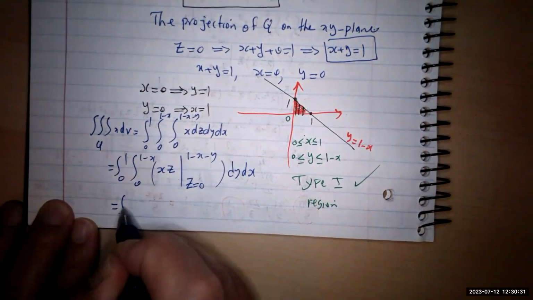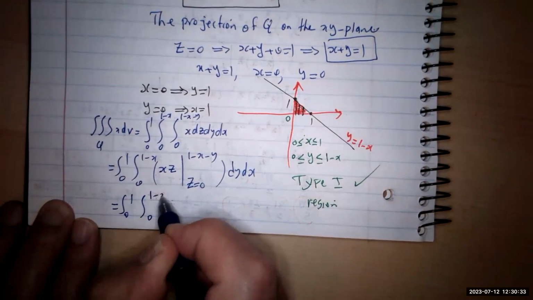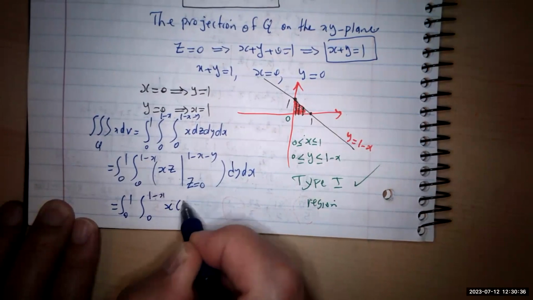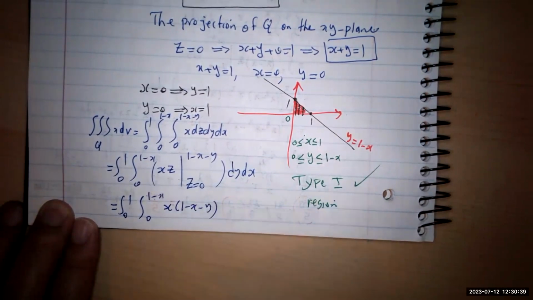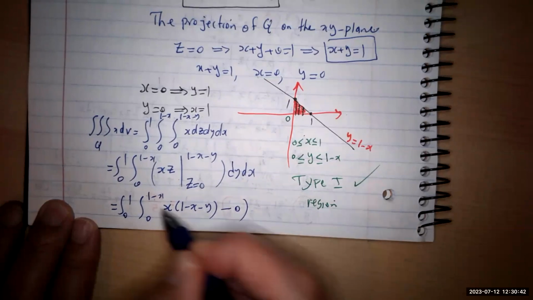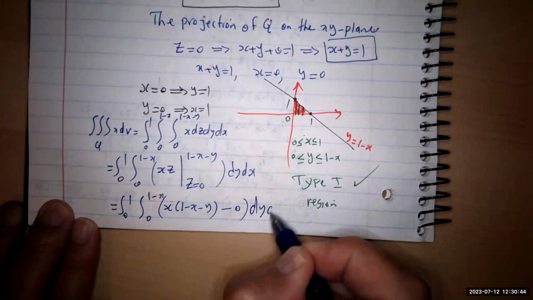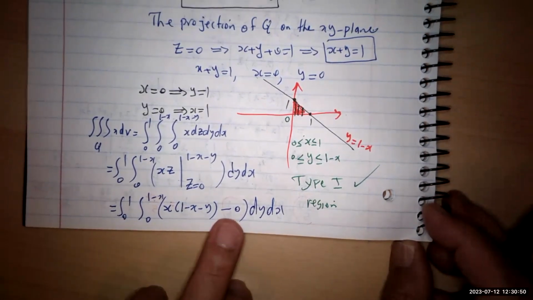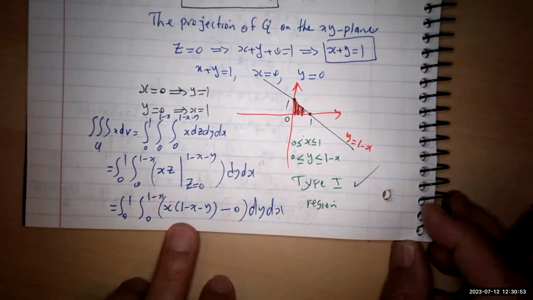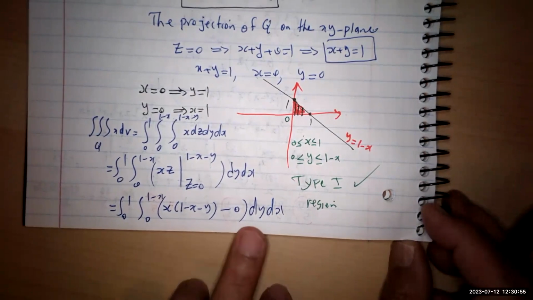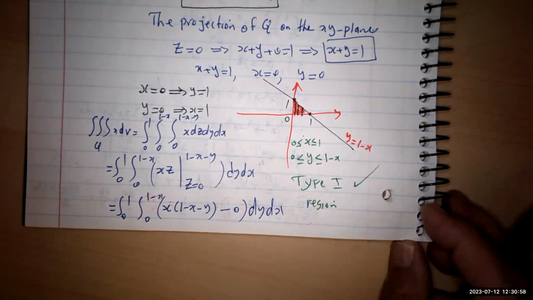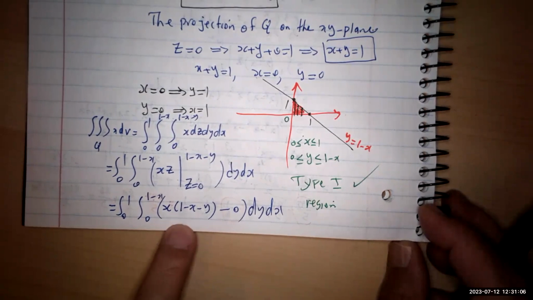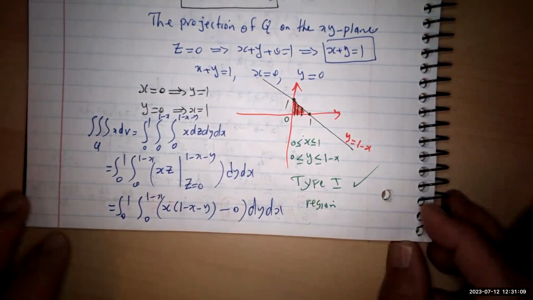That gives the integral from 0 to 1, the integral from 0 to 1 minus x, of x times 1 minus x minus y. You integrate this with respect to y first and then x. You multiply this inside to be able to integrate with respect to y and then x. Any question? I have to go to the next page to continue. So multiplying this, x minus x squared minus xy, dy dx.